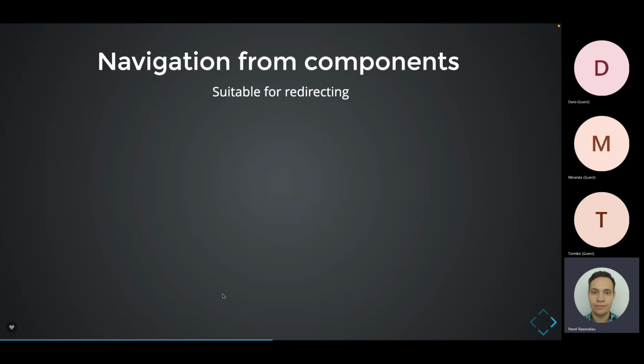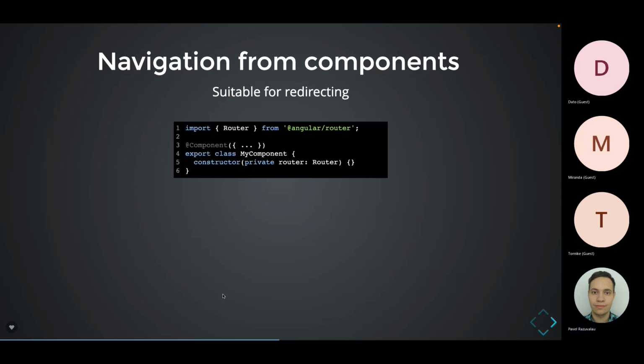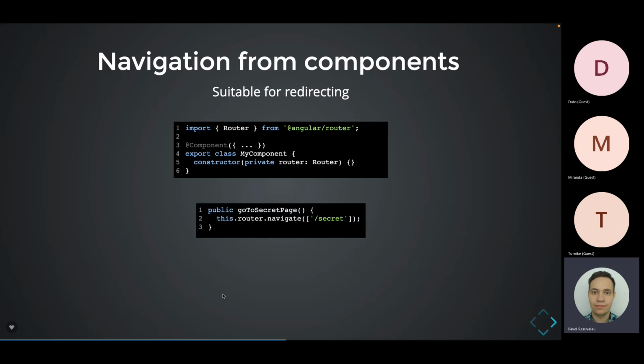Also, the router module will enable us to perform the navigation from the components as well. Not only components, but services and any other building blocks available in Angular. By that I mean that the navigation could also be performed from a service, a pipe or a directive, but that is kind of bad practice.